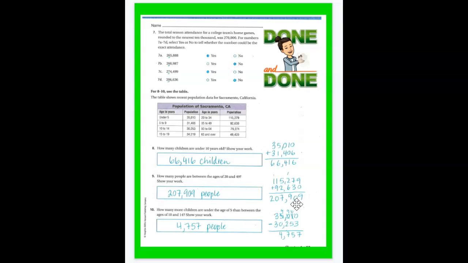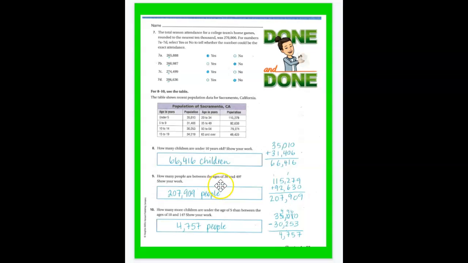Number 9. How many people are between the ages of 20 and 49? Show your work. Just like number 8, I'm going to go up to the chart and look for 20 and 49. 20 to 34, I have 115,279 people. And from 35 to 49, I know that I have 92,630 people.